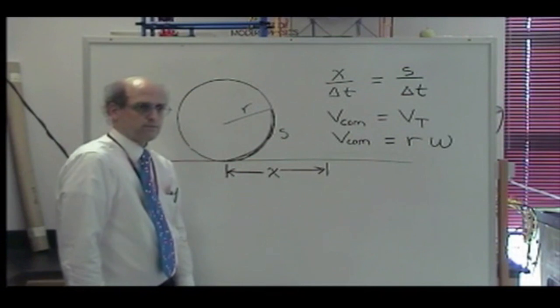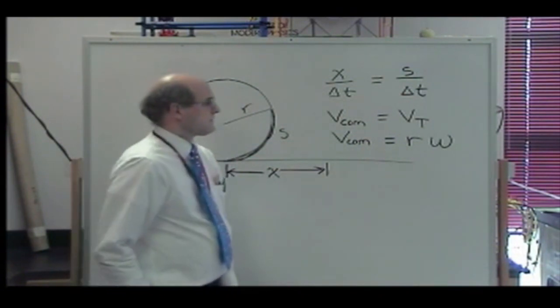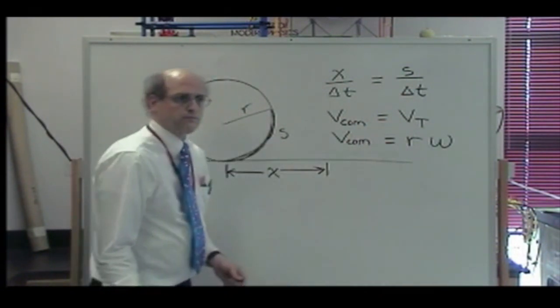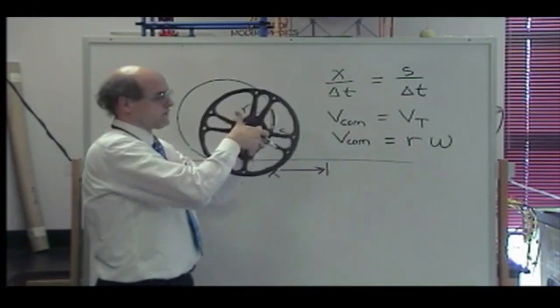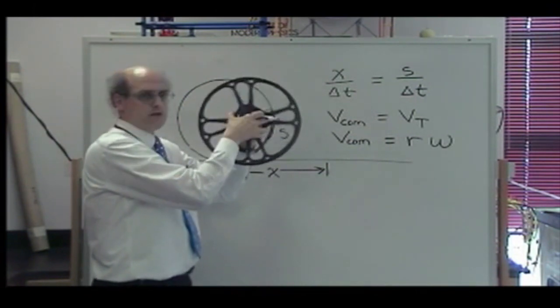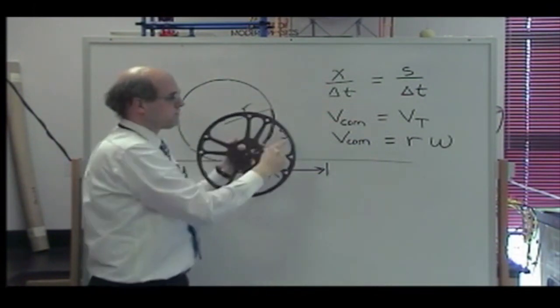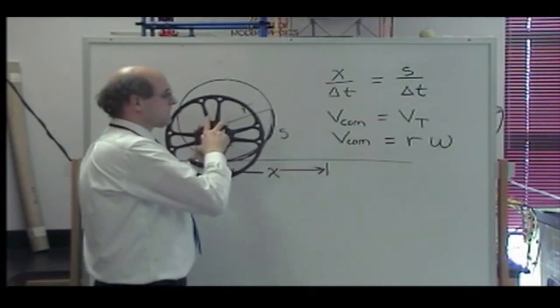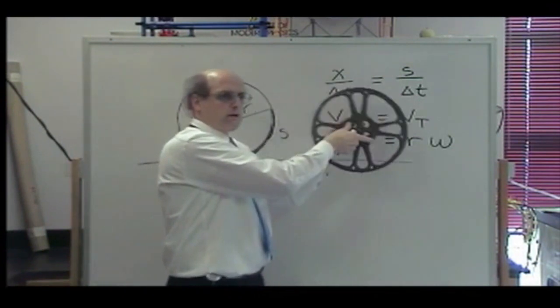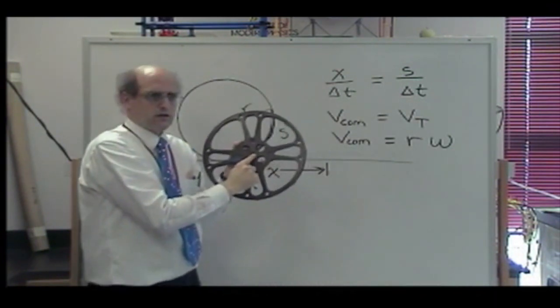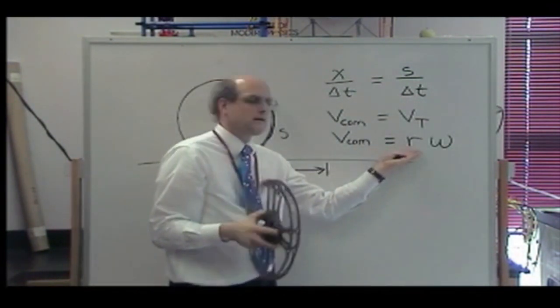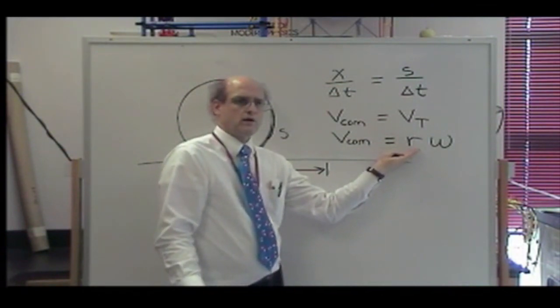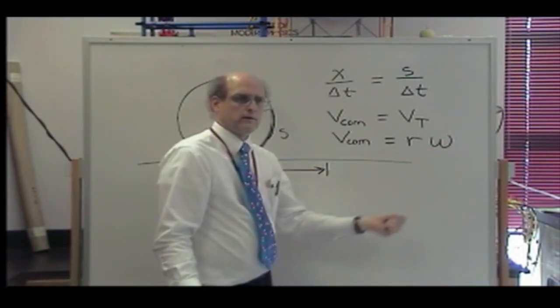Now that's interesting because the tangential speed of the wheel, if it were just in pure rotation, would be equal to r omega. We learned that previously. If it's rolling without slipping, its center of mass travels at this speed as well, r omega.